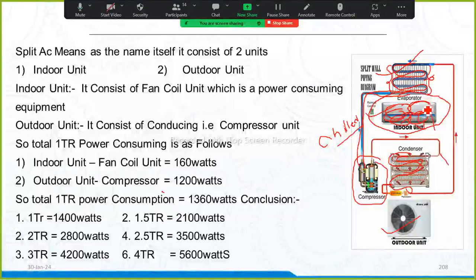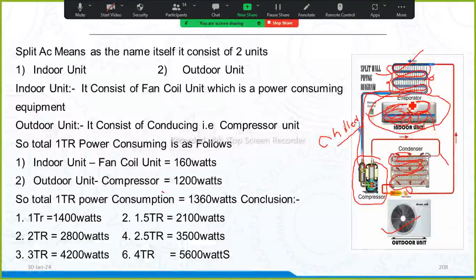Now when you switch on the fan coil unit, as it consists of a blower fan, when this blower fan is switched on, it is taking the inside air and it is throwing it. When it is taking the inside air and throwing it, that air is getting in touch with that copper pipe and heat exchange takes place. Why heat exchange? Because the inside air, the room air, is hot and the copper pipe is chilled.